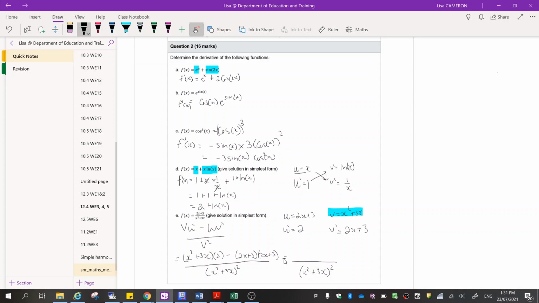Okay, so now I've got 2x squared on the numerator plus 6x minus 4x squared minus 6x minus another 6x will be minus 12x minus 9 when I expand all of those brackets fully.